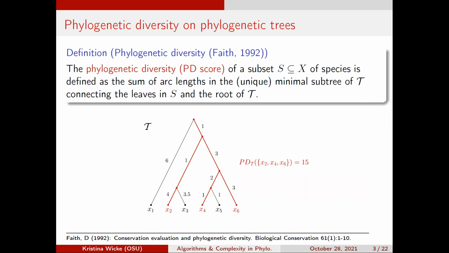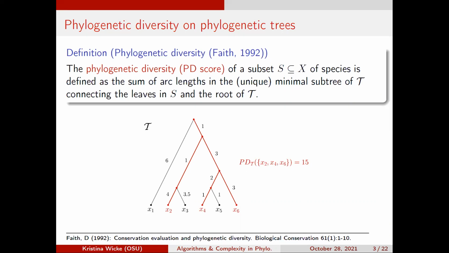And so the concept of phylogenetic diversity on trees is fairly simple. So assuming that we are given a rooted phylogenetic tree on some leaf set X, so in this case, the leaves are X1 up to X6, and where the edges are assigned non-negative weights, representing either time or genetic distance between species.